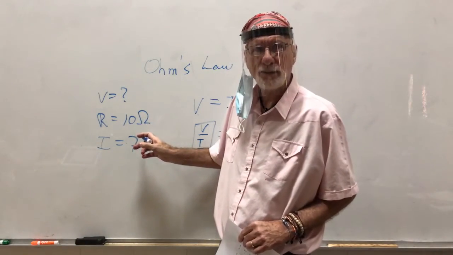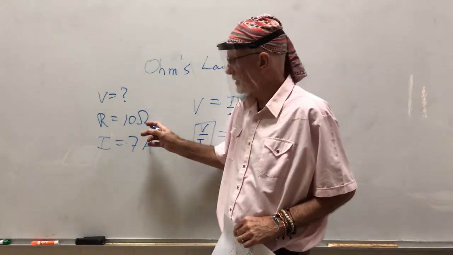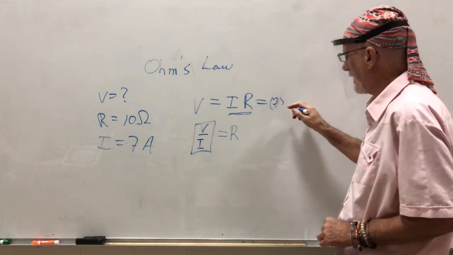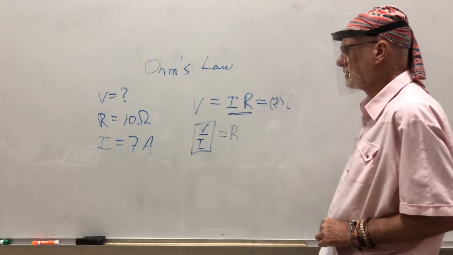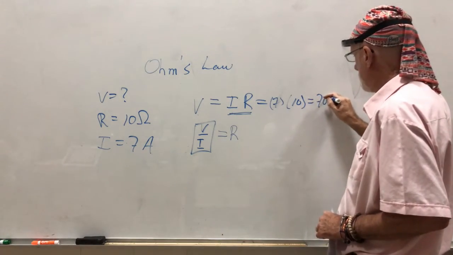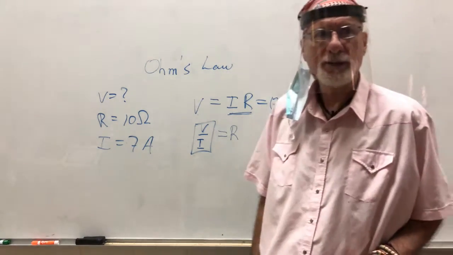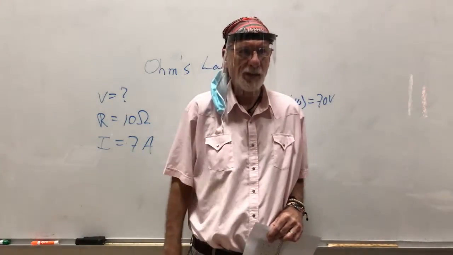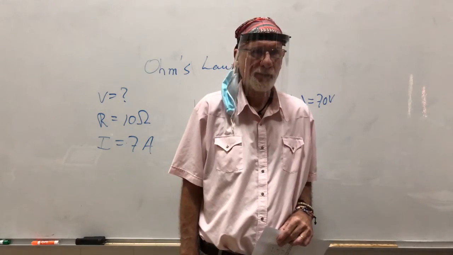Ohms is SI. So you're cool, because you're going to get voltage then. And so it's 7 times 10, right? Equals 70 volts. Clear? That's your answer. We're done. You okay? Can you do it?